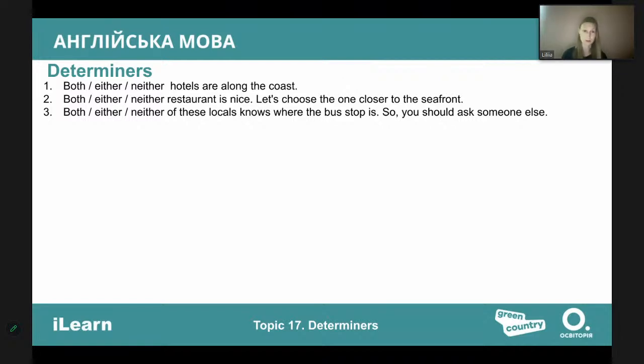Let's make a choice. Okay, both, either, neither hotels are along the coast. Both. And it means 2 of them. Обидва готелі. Yeah, exactly. What about sentence number 2? Both, either, neither. Restaurant is nice. Let's choose the one closer to the seafront.